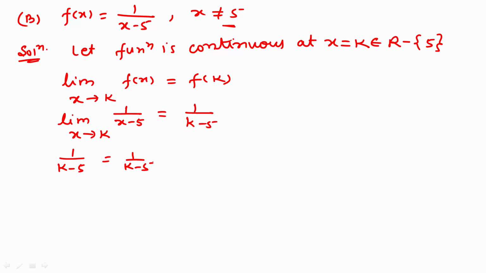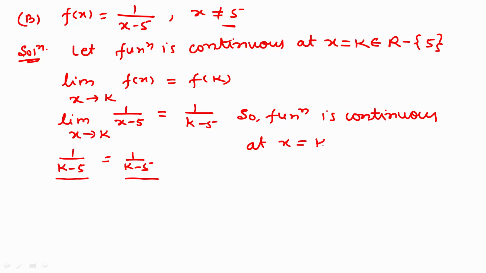So you can see that left hand is equal to right hand, so the function is continuous at x is equal to k belongs to R excluding 5.